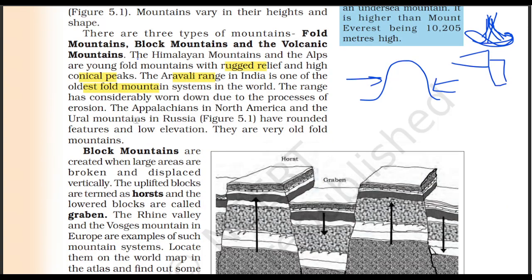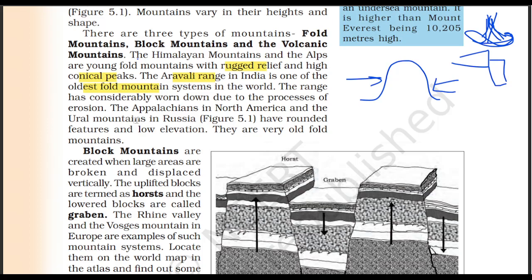The range has considerably worn down due to the process of erosion. The Appalachian in North America and the Ural Mountain in Russia have rounded features and no elevation.